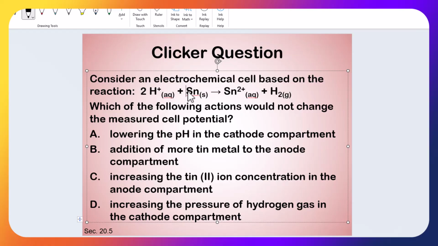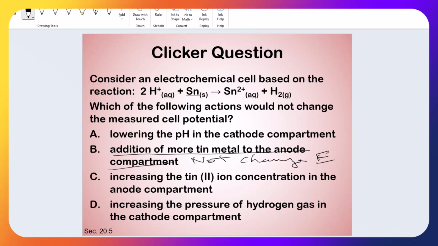The only thing that does not change cell potential is a solid or pure liquid. So the addition of more tin metal will not change E of the cell.